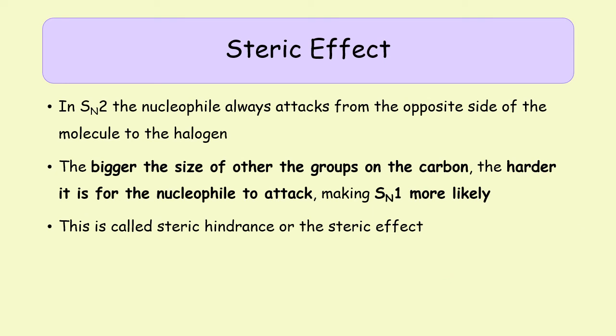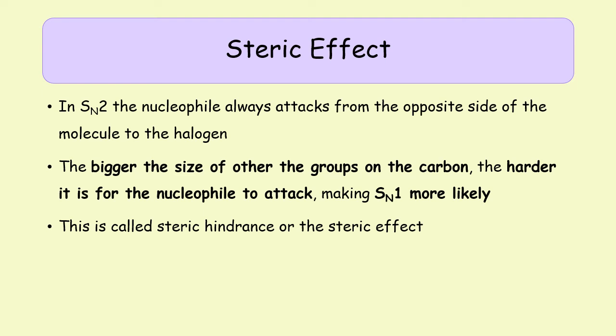The second thing is the steric effect. Now, the steric effect is what either allows or inhibits the SN2 reaction. Now remember, in SN2, the nucleophile is always attacking from the opposite side of the molecule to the halogen. So the bigger the size of the groups that are pointing away from the halogen, the harder it's going to be for a nucleophile to get past them towards the carbon.